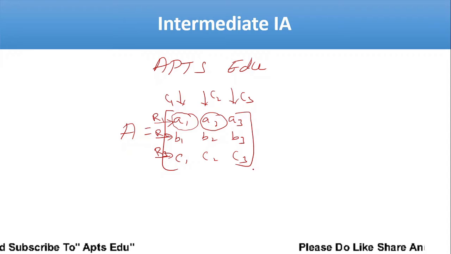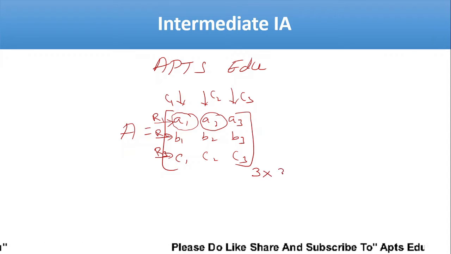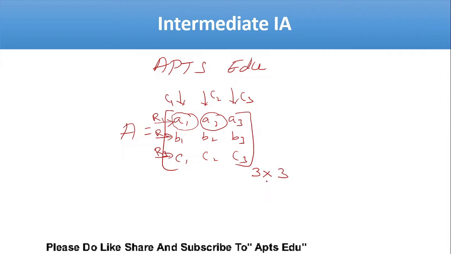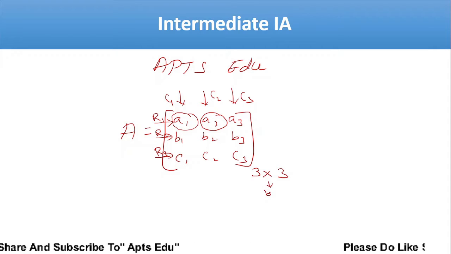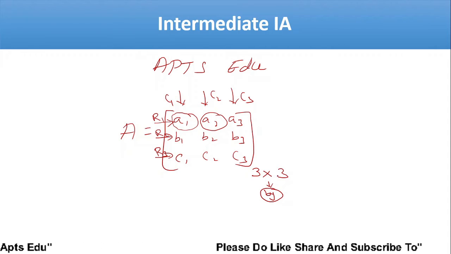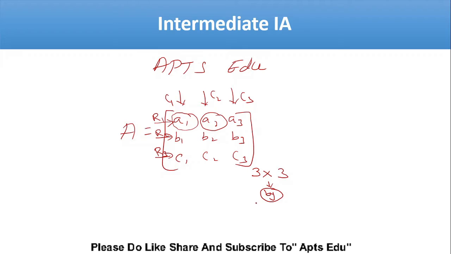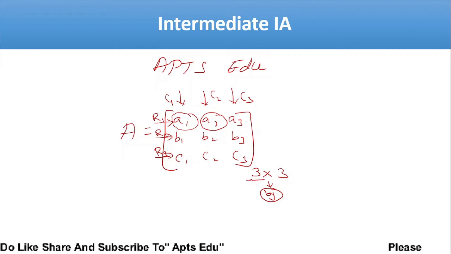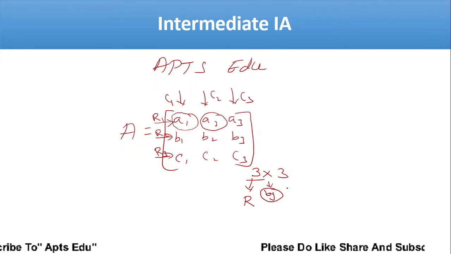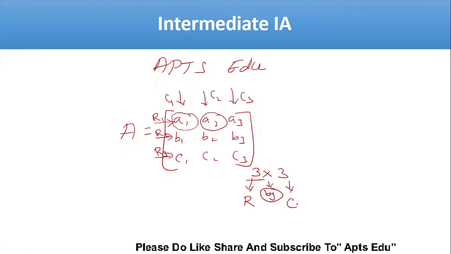So how do we represent it? 3 by 3. When we pronounce it, we say "by", but when we write it, we use a cross mark. So this represents the row and this represents the column.